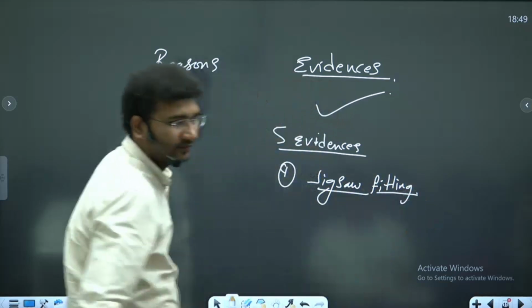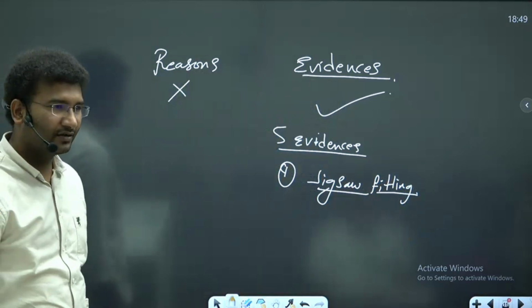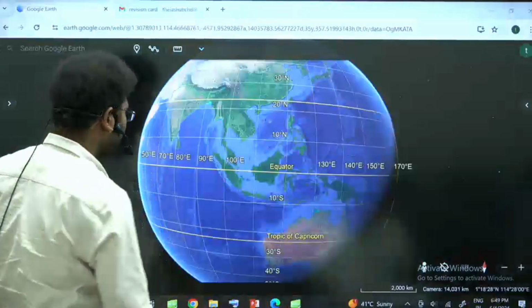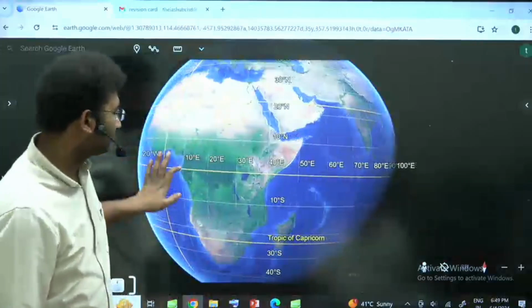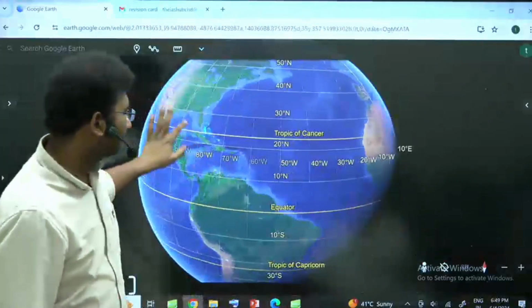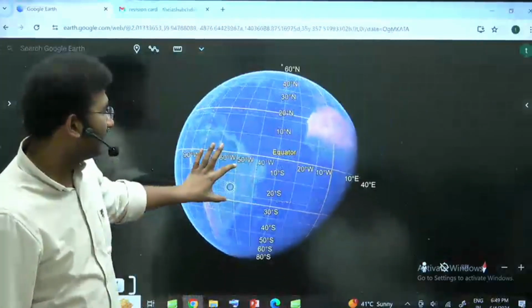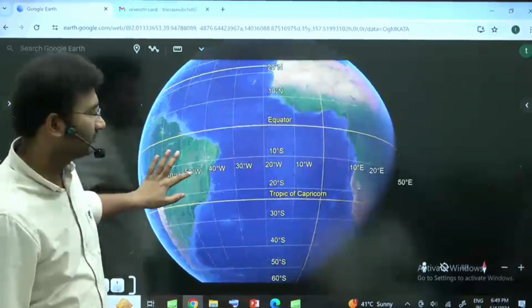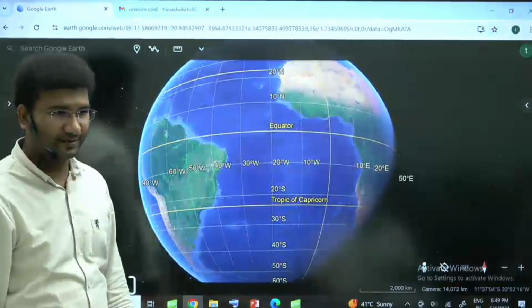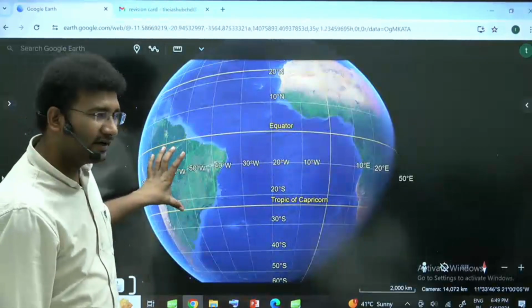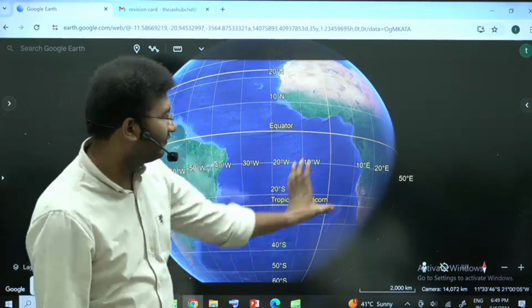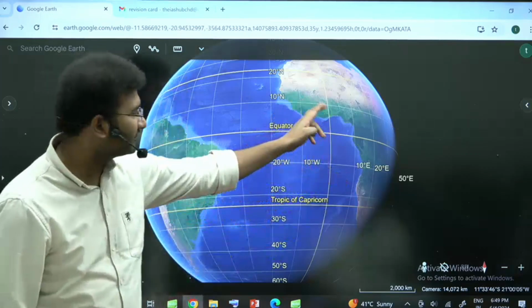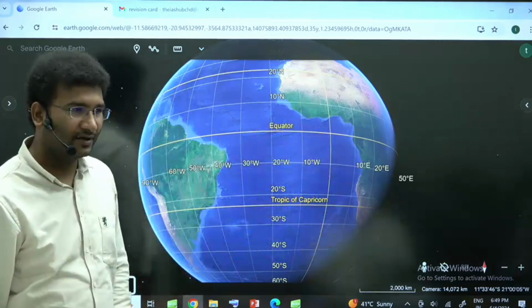Jigsaw fitting. What is jigsaw fitting? Jigsaw fitting means today you go and look at Africa and South America. Can I take the South American coast and fix it here? Don't you think the shapes are the same?